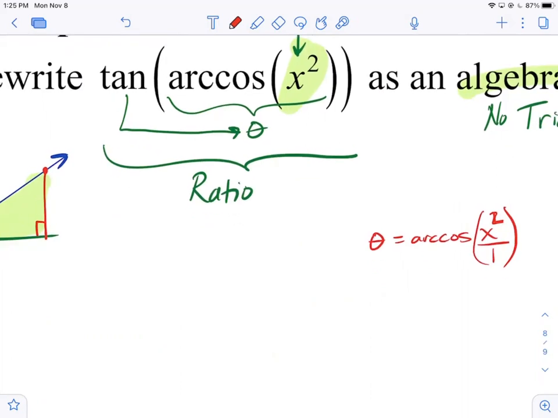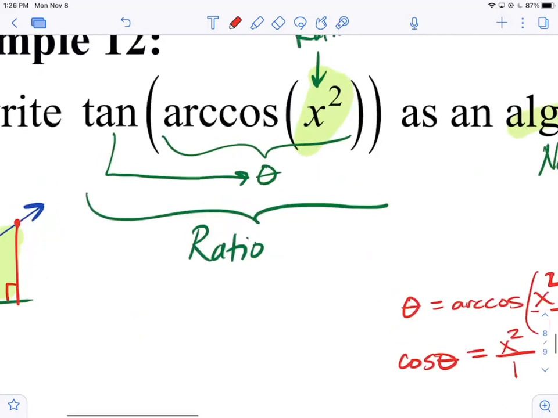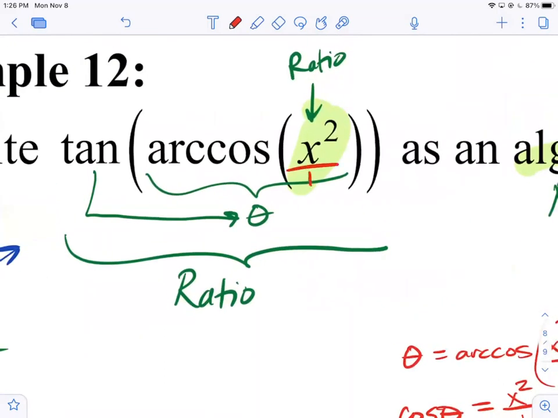By taking the cosine of it. So we don't have to show that intermediate step. On the left, we get cosine of theta equals x squared over 1. Now that's something we're used to seeing, right? Cosine of theta is x squared over 1. So you don't have to do that if you just realize that that's x squared over 1. And because it follows arc cosine, it's a cosine ratio.